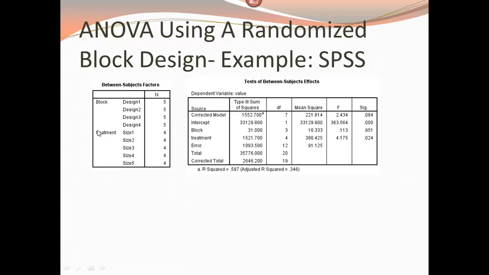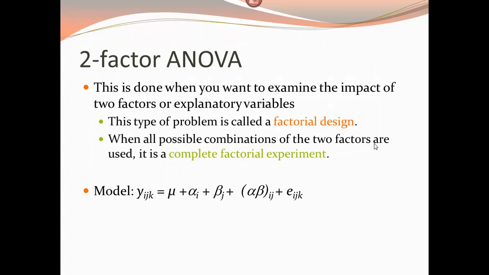It should read treatment as design and block as size. So I had this slightly set up wrong. So if we take that into account, the block should be the size, the treatment should be the design. So if I'm looking at that here, I'm saying that design is not statistically significant, but size is statistically significant. So the same finding as I had with Excel.